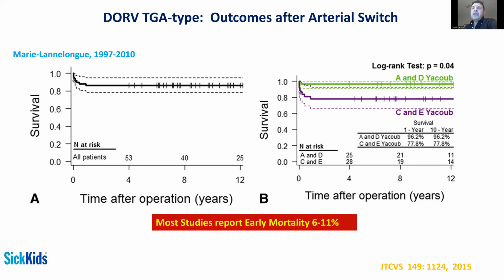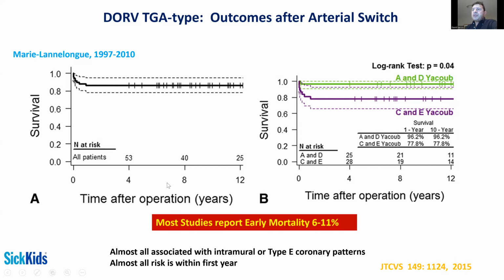And you can see why when you see how common it is to have these challenging lesions of abnormal coronary patterns. And here you can see that as soon as you've got an abnormal coronary pattern, then the outcome is not so good. And almost all the risk is associated with abnormal coronary patterns, it would seem.